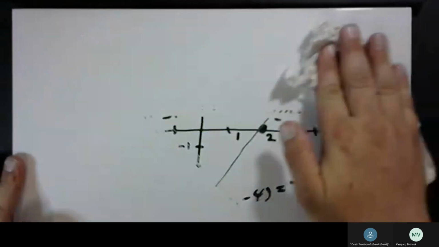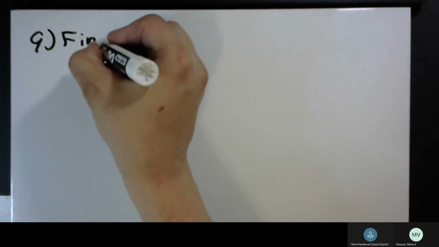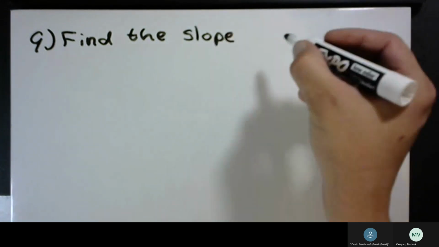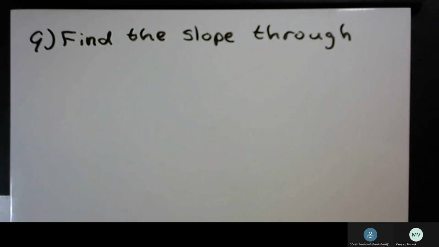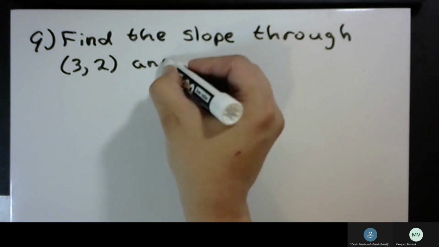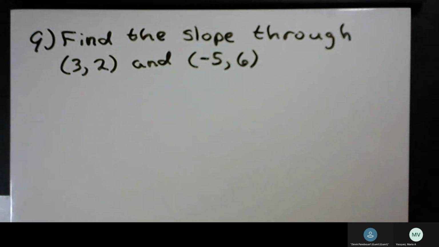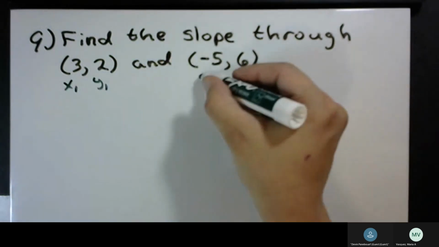So now let's try to find a slope. Now, what I recommend is labeling the coordinates.